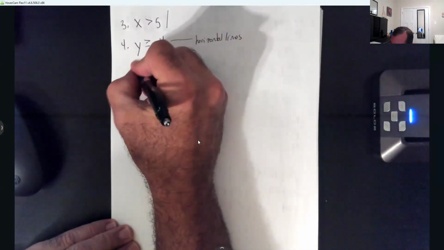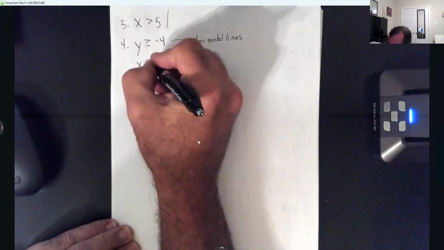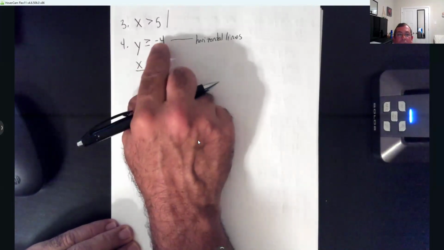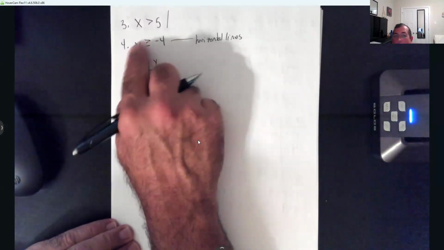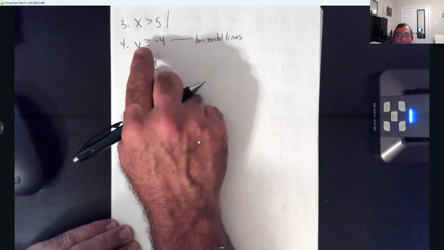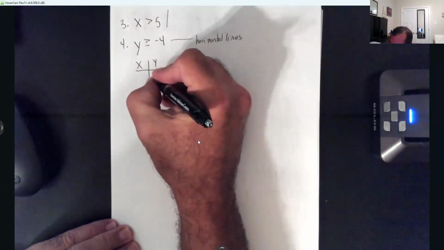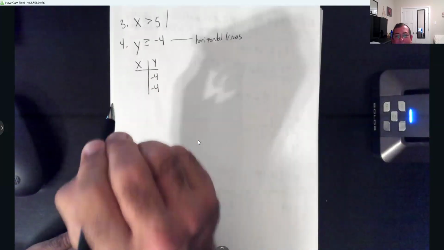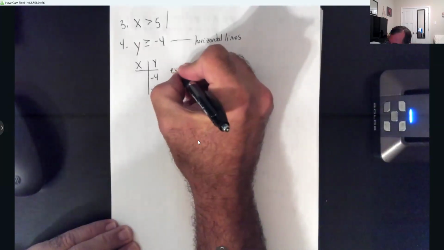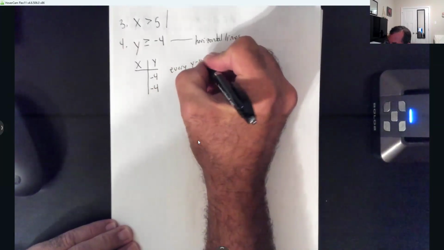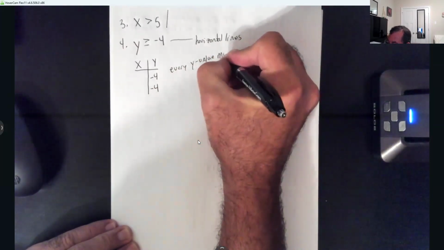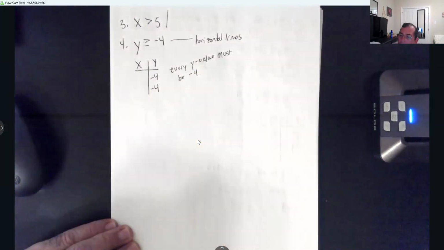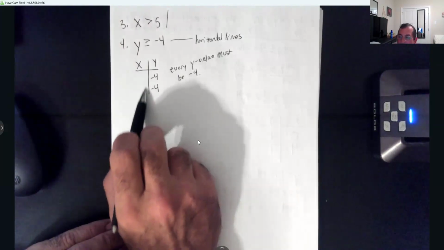Now, if you were to graph these by hand, it doesn't matter what these x's are because there's not even an x in the equation up here. What this means is every single y value has to be negative 4. It doesn't care what these x values are.